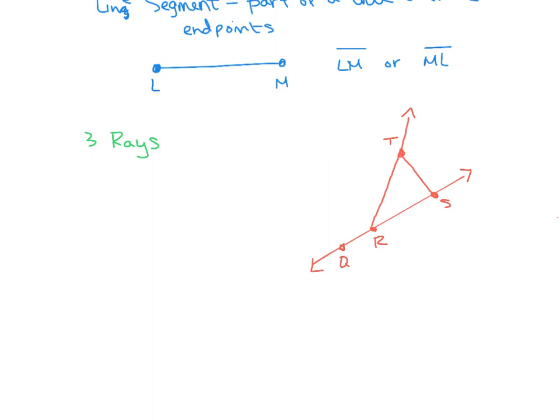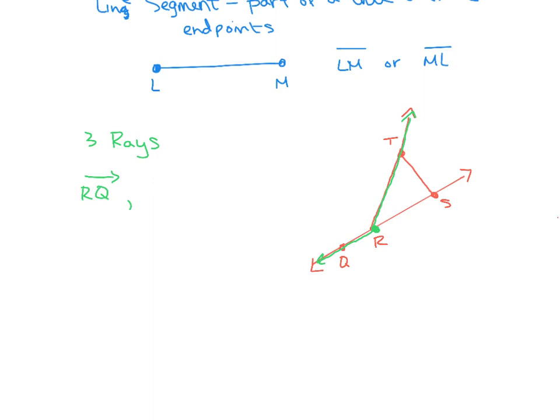So RQ. If you look at RQ, we could say we're starting at R and we're going down to Q. So that would work. Another one that would work is RT, because this line starts at R and it goes up in one direction to T and keeps going.